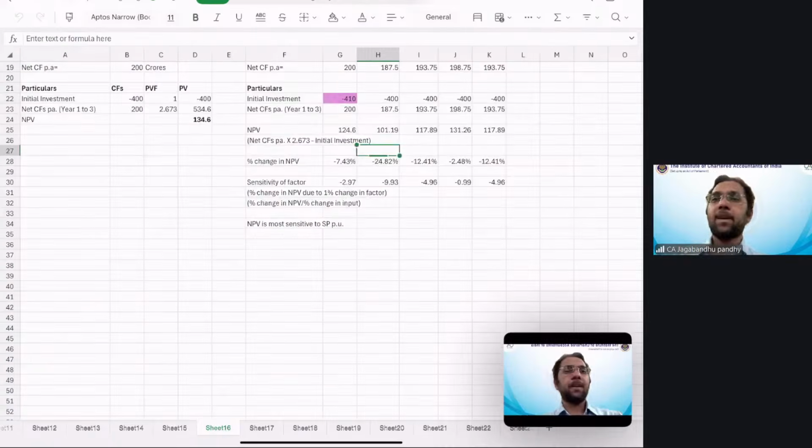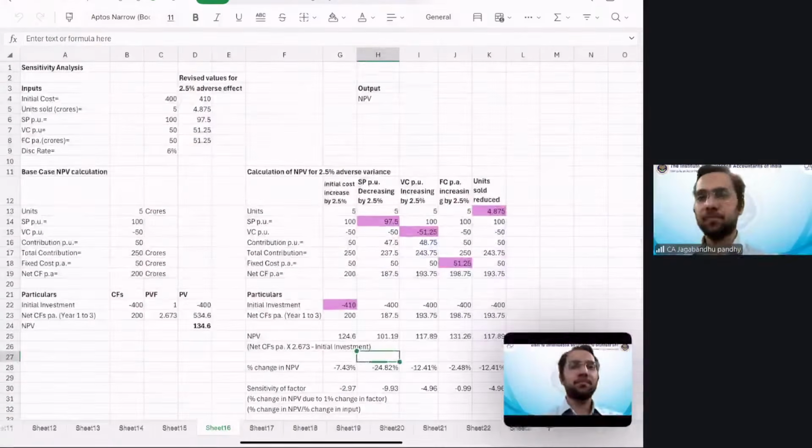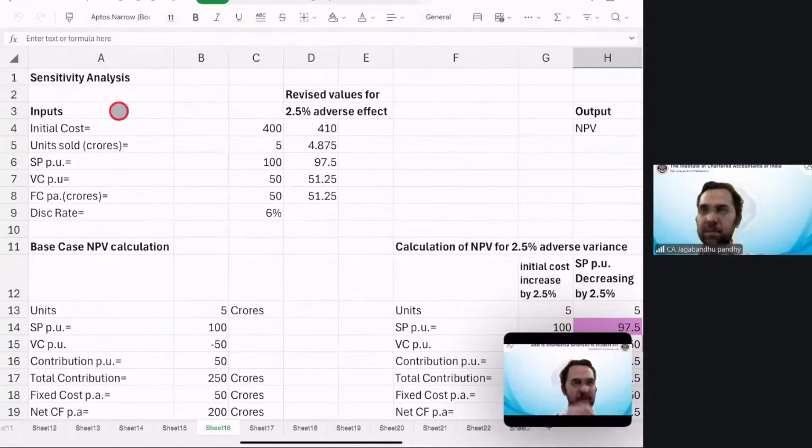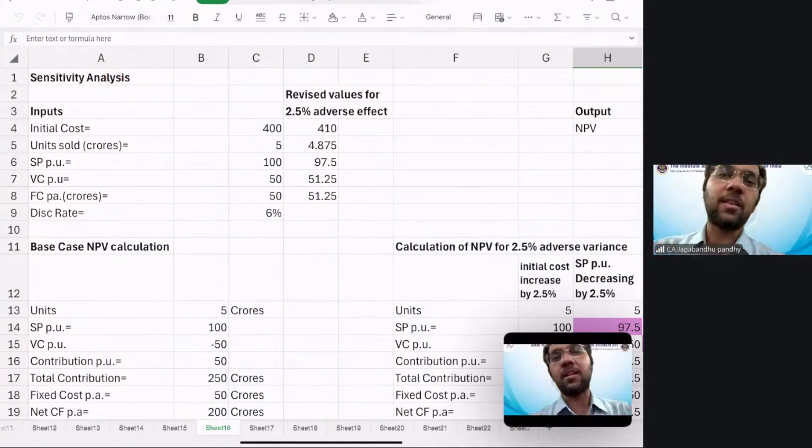Then next, the next aspect of our understanding is measurement of risk, which is sensitivity analysis. Now, what do we do in sensitivity analysis? We are going to measure the sensitivity of the output, which is NPV.